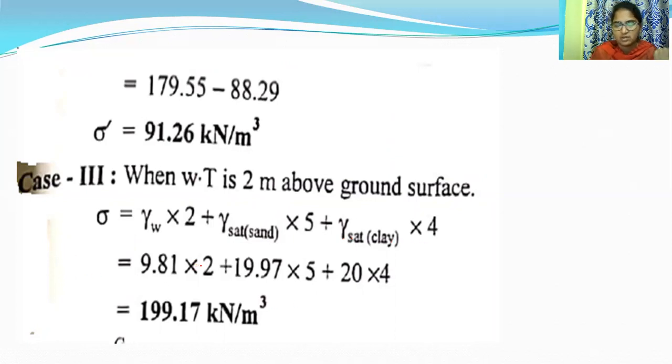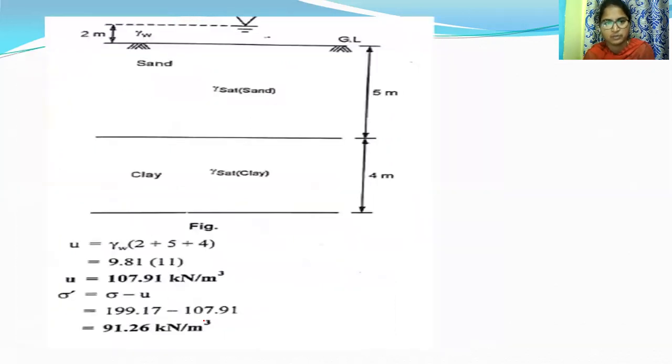So that is the unit weight of water 9.81 into 2, 19.97 into 5, 20 into 4. Already this value is given in the problem, and the rest we can calculate. So sigma is 199.17 kilonewton per meter cube. And here U is equal to gamma W into 2 plus 5 plus 4, because the water table is above the ground surface, so everything below will be in saturated condition.